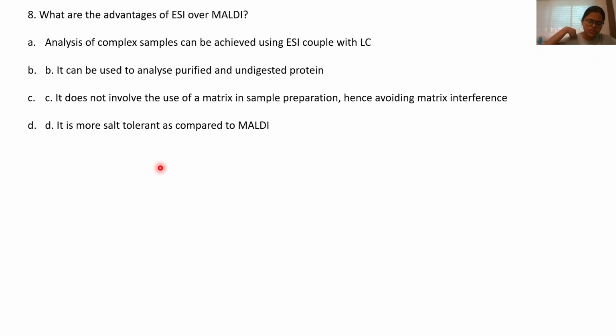So you have to see, depending upon the protein of your interest, whether you want to go ahead with ESI or MALDI. Of course there are pros and cons of both the techniques. It is not that ESI is better than MALDI or MALDI is better than ESI.